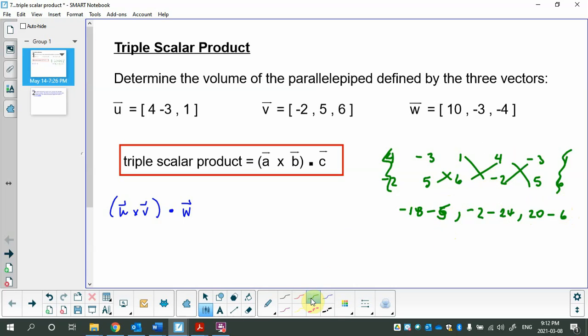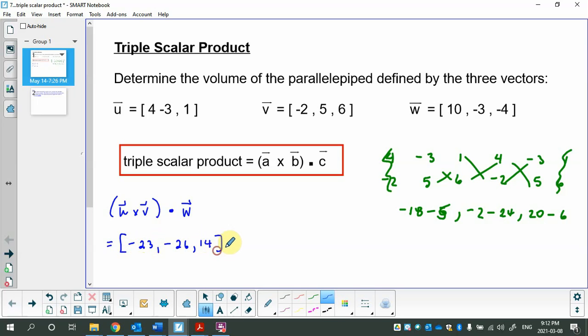Now don't reduce this. Do not do that. Don't be tempted to take care of that. So I'm going to do negative 23 as my first component, negative 26 as my second component, and 14 for my last component.